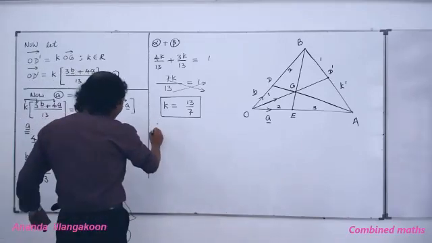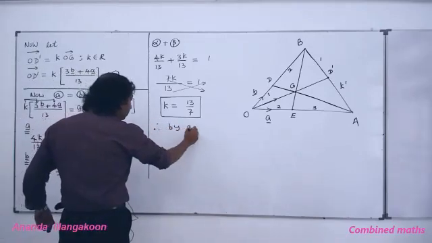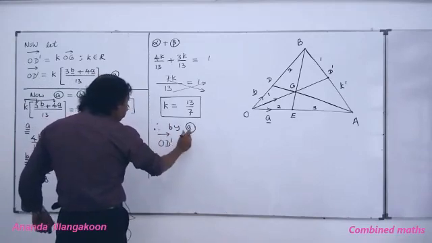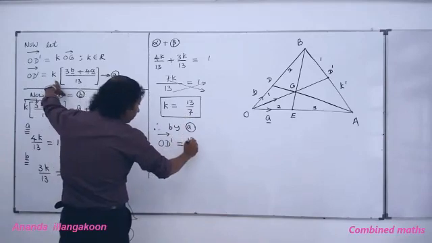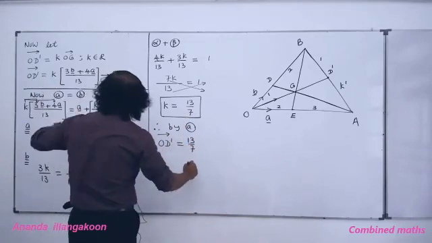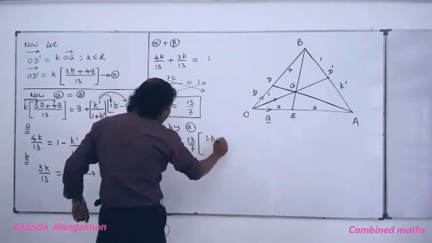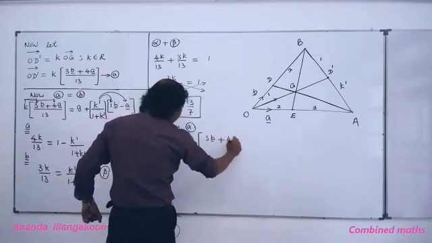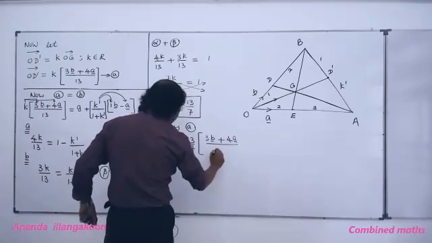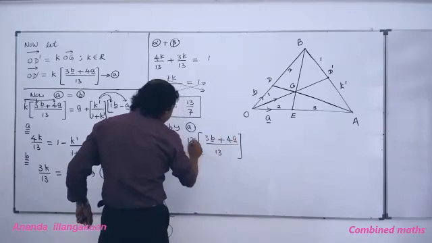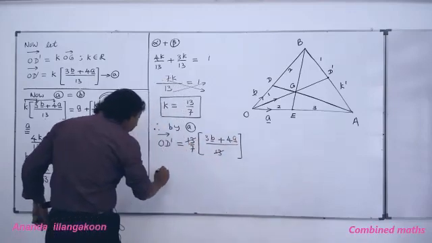Therefore, by simple A, we can write OD dash vector, substituting this K value 13 by 7, then 3B vector plus 4A vector divided by 13. The 13 and this 13 you can cancel down.